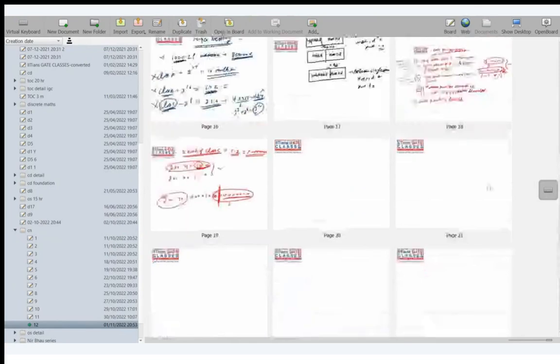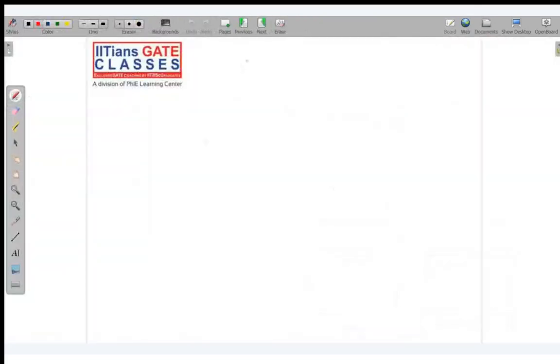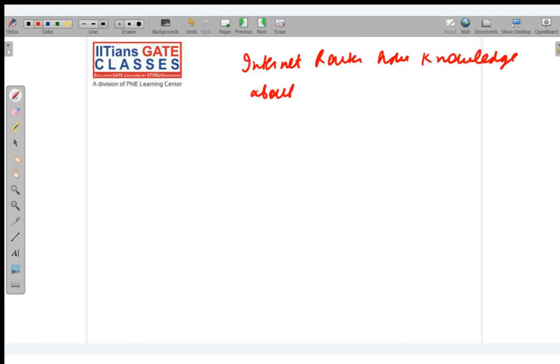One more thing: in the case of subnetting, I have told you that internet routers have no knowledge about subnetting, but internet routers have knowledge about supernetting. Can you tell me why?